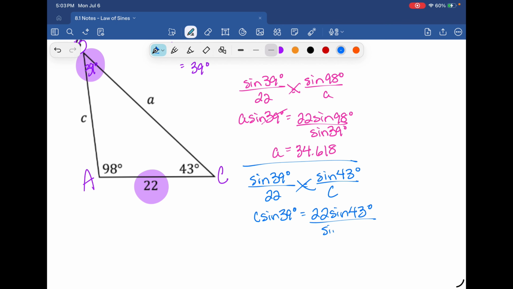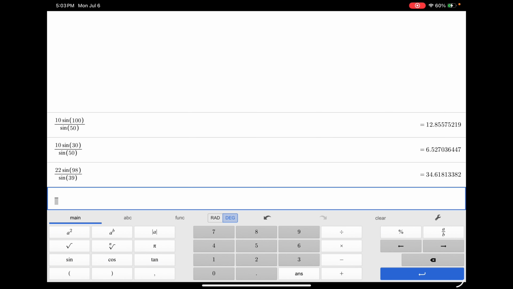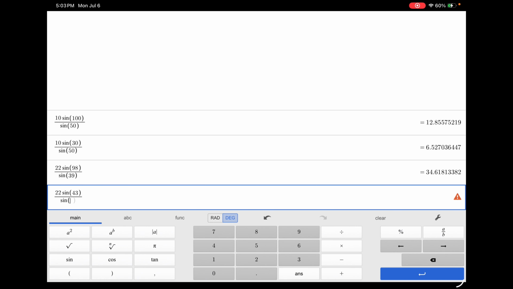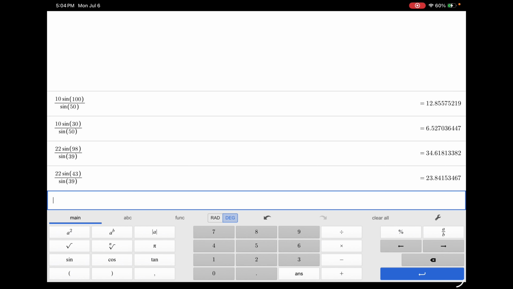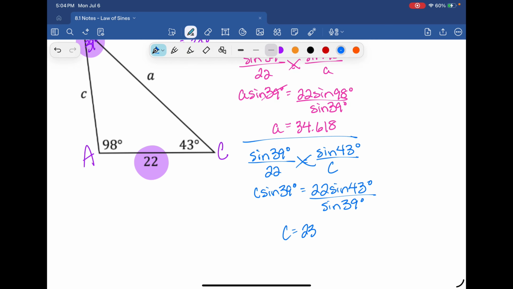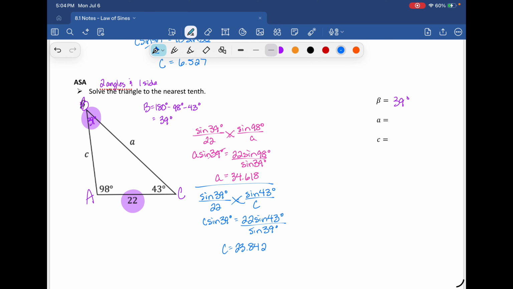Divide by sine 39 and calculate it. 23.842. All right, so it's to the nearest tenth. So A would be 34.6. C would be 23.8.